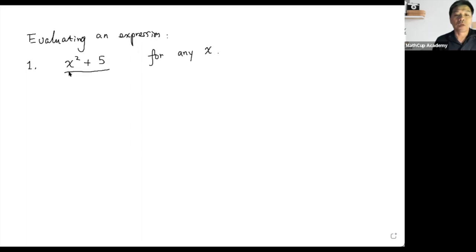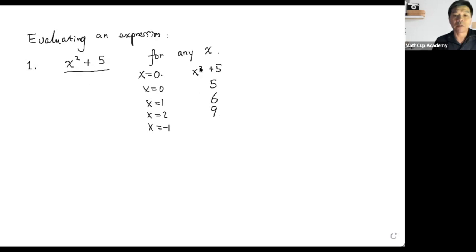If you plug in different x values and plot this x squared plus 5, you will actually get a curve. So let's see. When x equals 0, this will be 5, because 0 times 0 plus 5 equals 5. When x equals 1, 1 squared plus 5 will be 6. When x equals 2, 2 squared plus 5 will be 9. And x can be -1, can be any number.